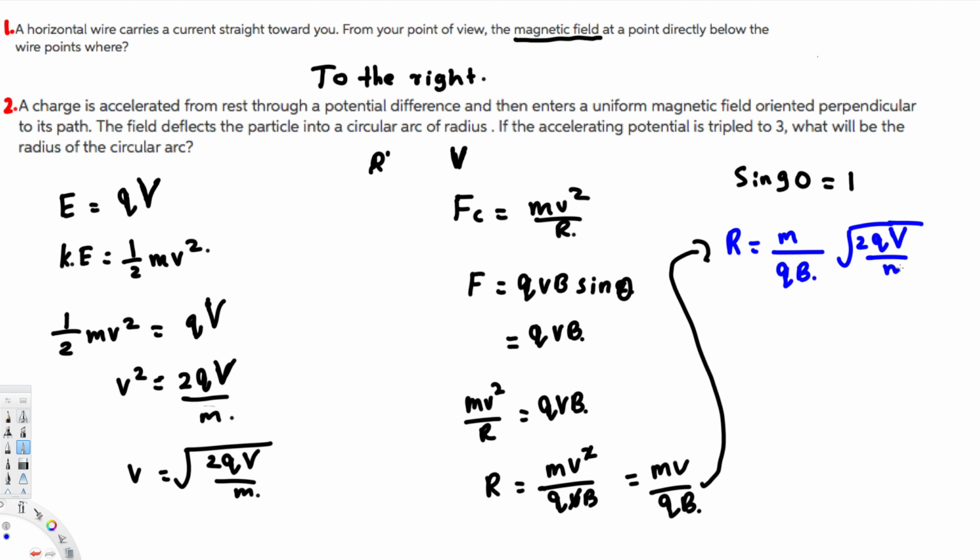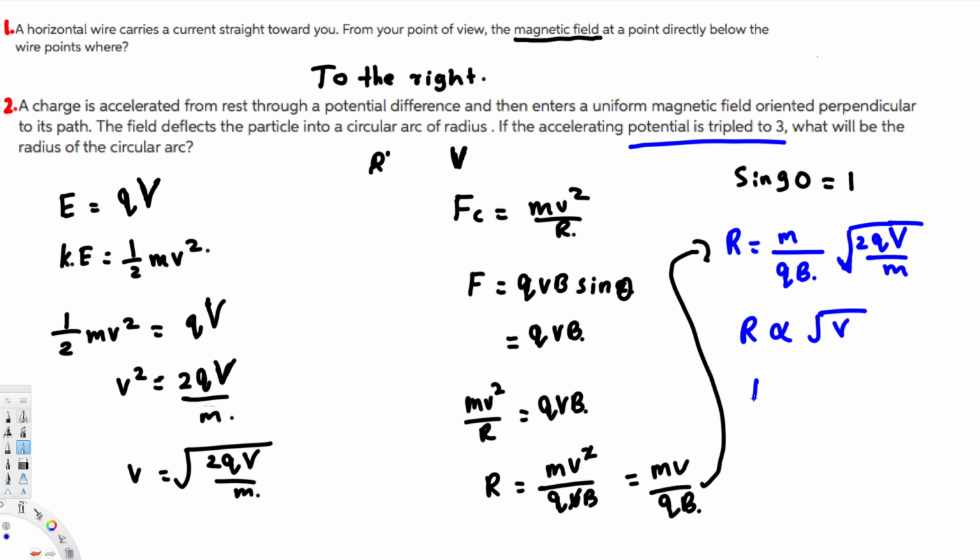Now we don't have to worry about anything else except the potential difference, because we are trying to find the change in the radius due to it. So R is directly proportional to the square root of V, according to this equation.